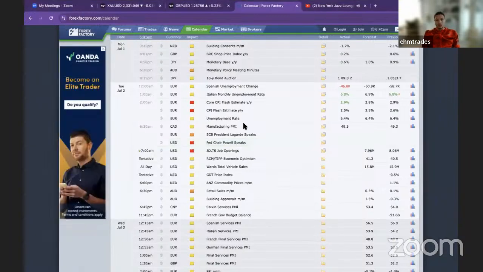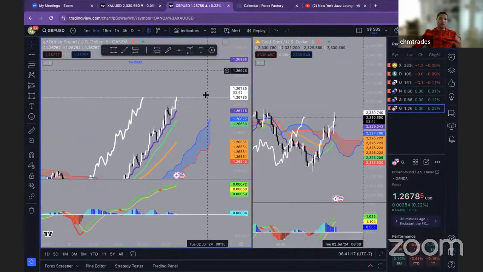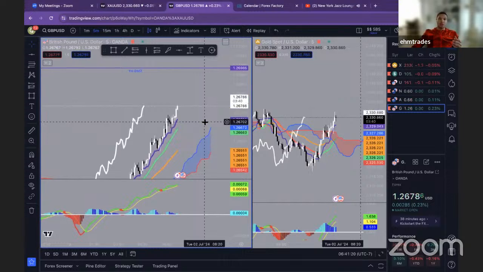That was some really good info from Fed Chair Powell as we approach this 7 o'clock folder, which is the JOLTS job openings. He said multiple times how strong the labor market is, mentioning some slight hiccups earlier this year, but repeatedly using the wording of a very strong labor market.